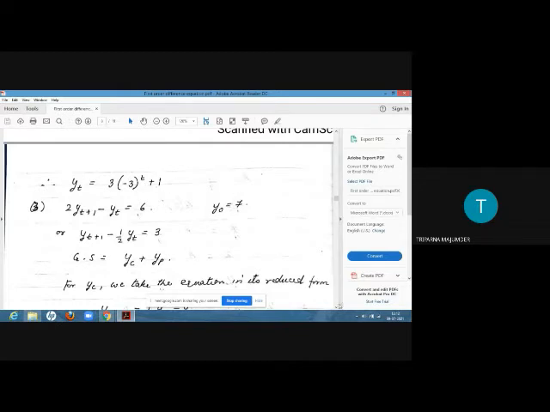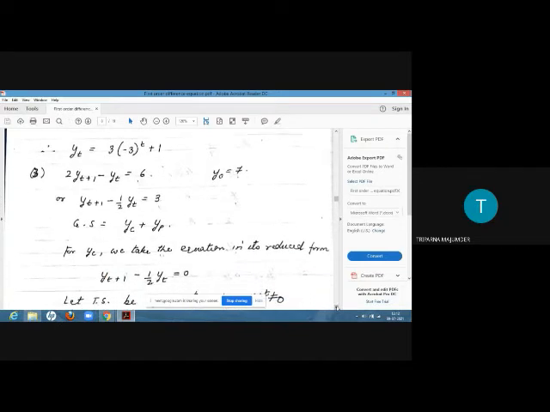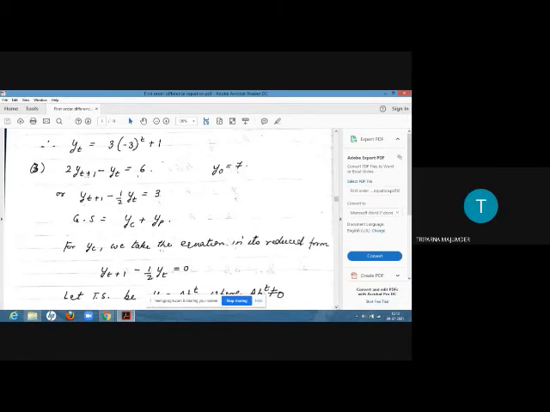We will take just this example to show how to solve this. This equation we have to normalize. That is, we have to make this term not have any coefficient. So our equation is 2yt plus 1 minus yt is equal to 6, and the initial condition is given by y0 is equal to 7.